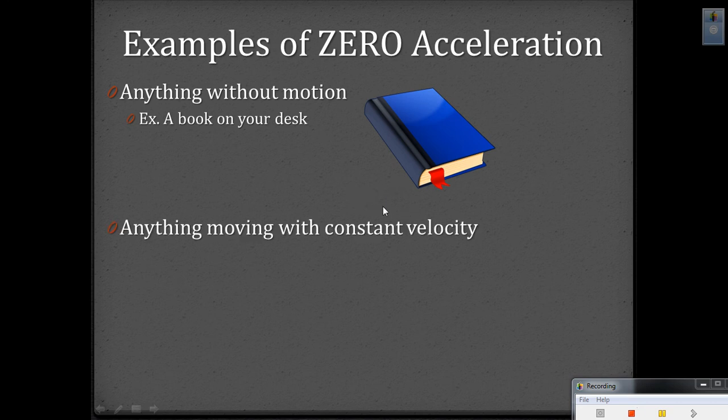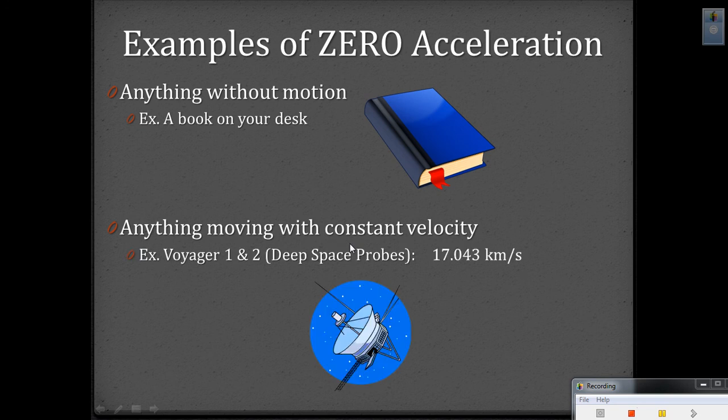And finally, if you have something that's moving at constant velocity, in the same direction at the same speed, for example the Voyager 1 and 2 deep space probes that are reaching the end of our solar system, they're traveling at 17 kilometers every second. That is about 10.5 miles every second.